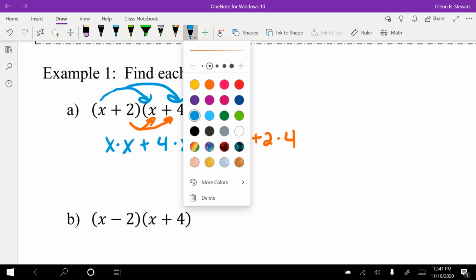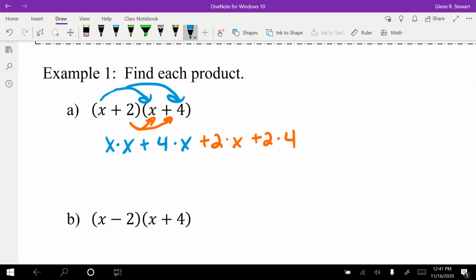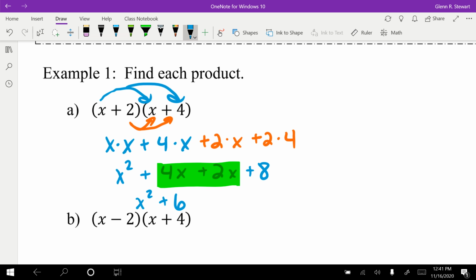So now I'm going to combine. x times x is x squared plus 4x plus 2x plus 8. Last, I need to combine my like terms. So x squared plus 6x plus 8 will be my final answer.